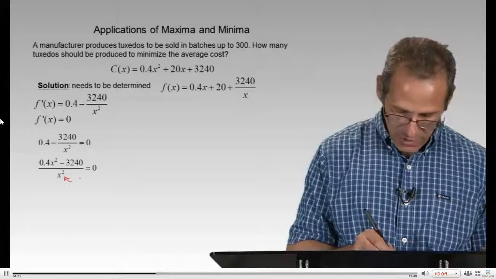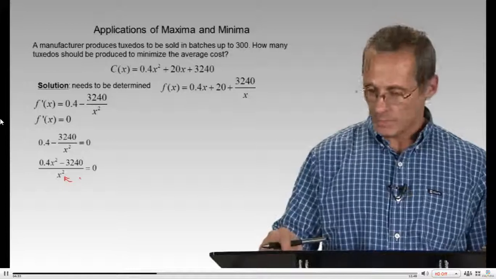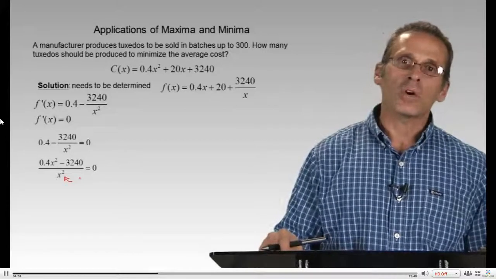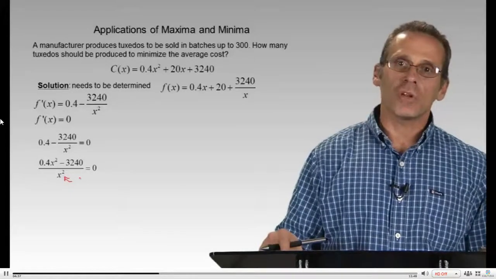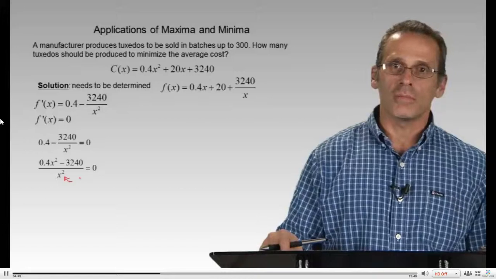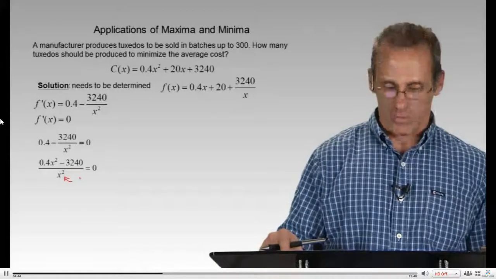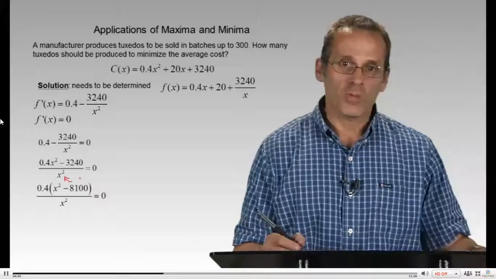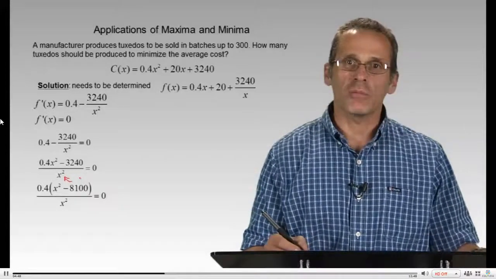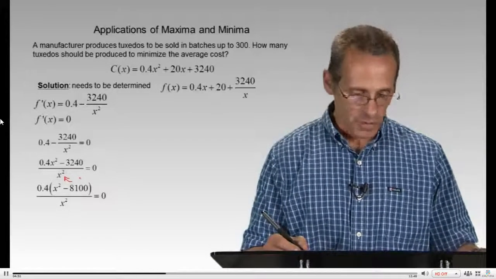And I'm looking at this denominator right here. But remember, our interval was 0 to 300, inclusive of 300. In other words, 0 is not in the domain of our function. So as we proceed to solve, our focus becomes on the numerator solely.